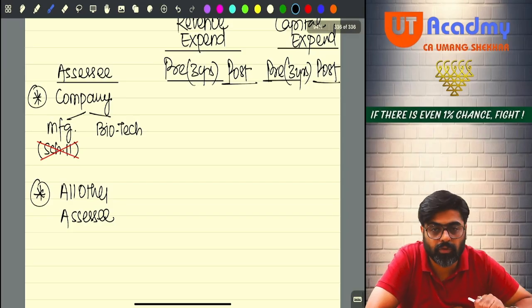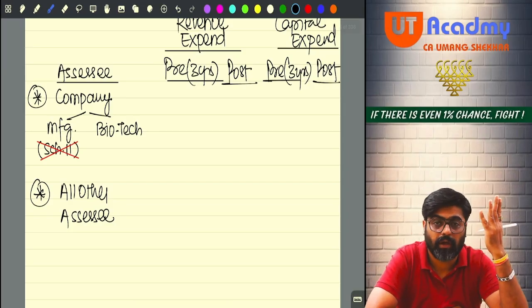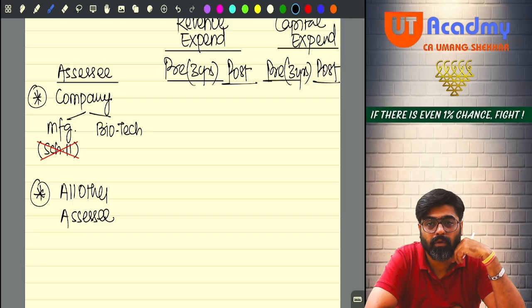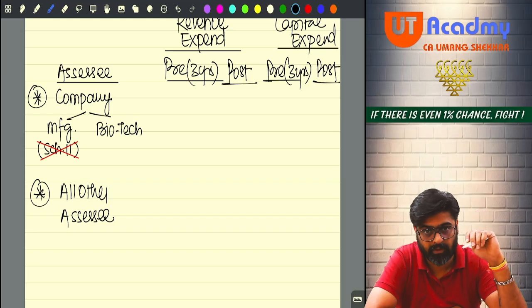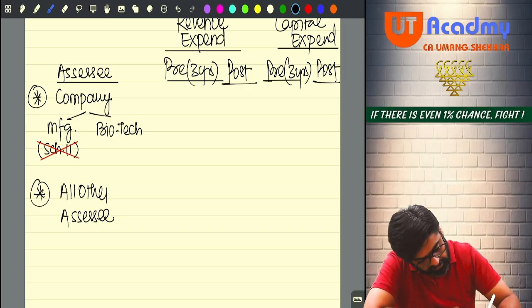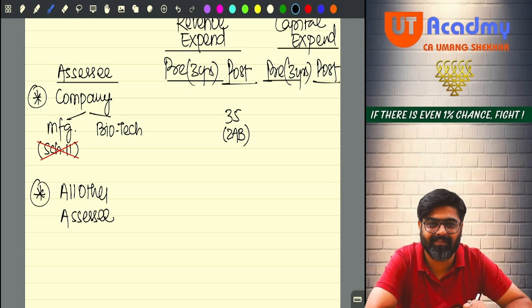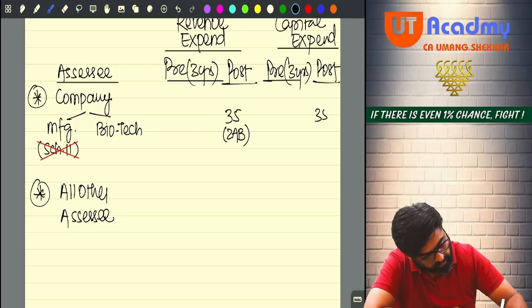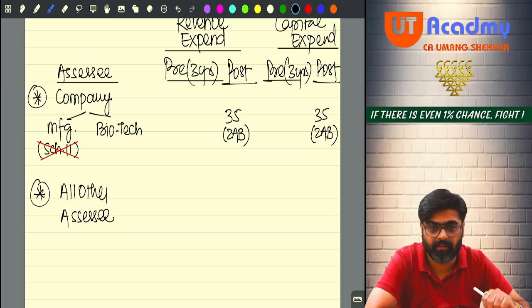See what this company used to do when there was 150% deduction for post commencement revenue and capital expenditures. That time this company used to claim all the post commencement revenue expenditure under section 35(2)(ab), because it was 150%, and all the post commencement expenditures under section 35(2)(ab) other than land and building.